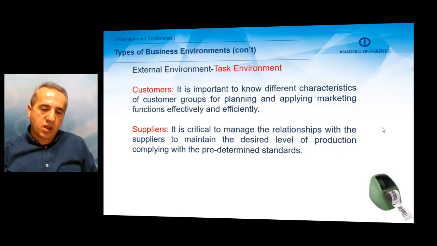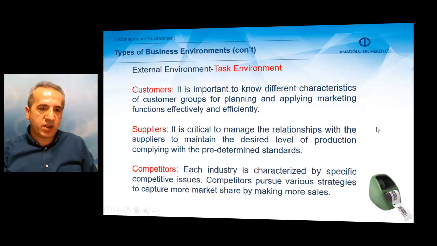Let's say you have an order, right? If you don't have suppliers, for example, you cannot fulfill the needs of your customers, right? That's why it's very critical to maintain those relationships.